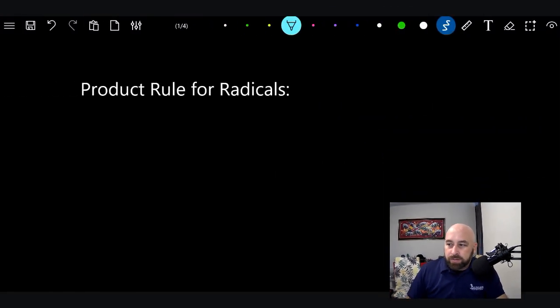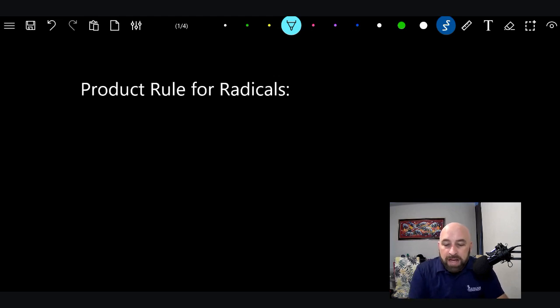We are on page 279 and we're going to start with what's called the product rule for radicals. In the product rule for radicals, we have to understand that just like the product rule for exponents, just like the product rule for anything, we're talking about multiplication.